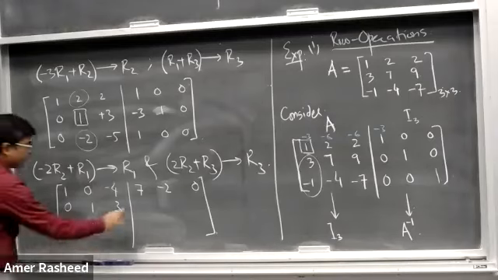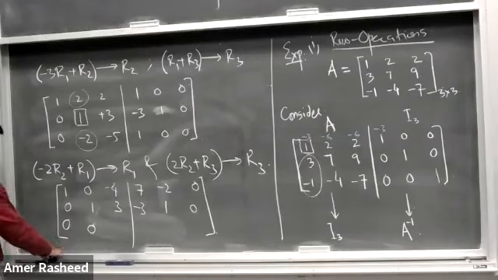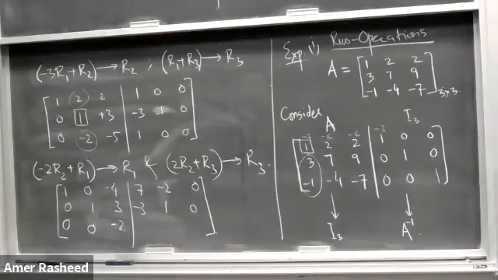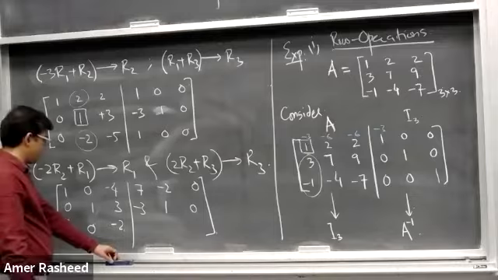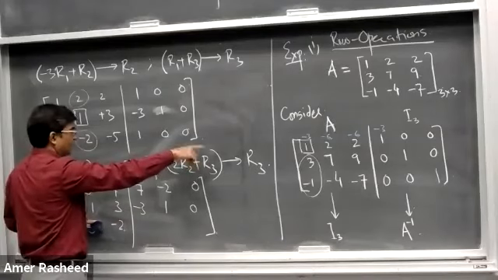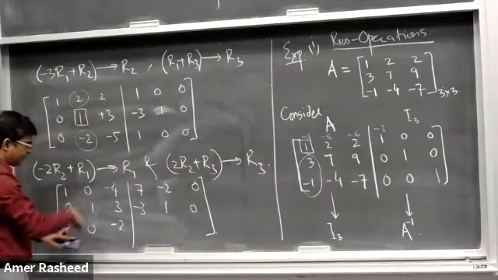The second row would remain the same: -3, 1, 0. And the third will not be 0, it will be -2. No, the right one. No, the middle 0 in the third row. It should be -2. No, I'm applying the second operation again on the same matrix, so it must be 0 then.